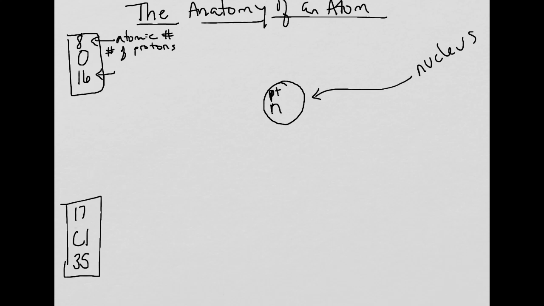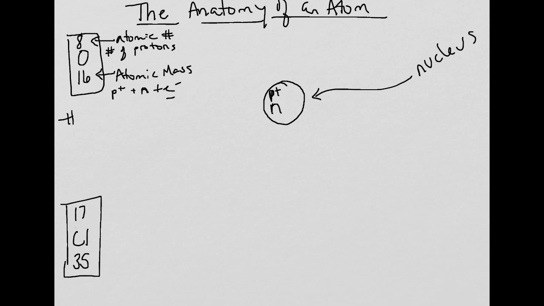The number at the bottom is the atomic mass. And this tells us about the protons and neutrons. The electron weight is very, very low, so it's almost negligible. So we can figure out how many neutrons there are.